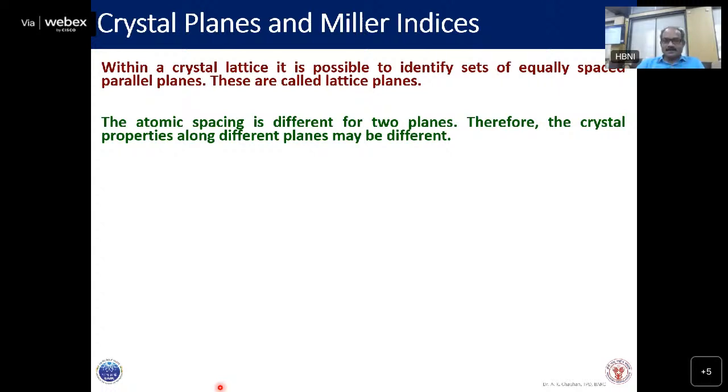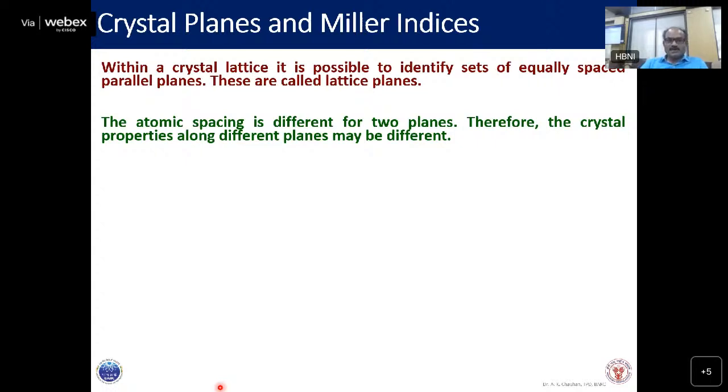Within a crystal lattice, it is possible to identify sets of equally spaced parallel planes. These are called lattice planes. How many lattice planes are possible? Ideally, infinite lattice planes are possible because there are infinite lattice points. Any three distinct lattice points can make a lattice plane.